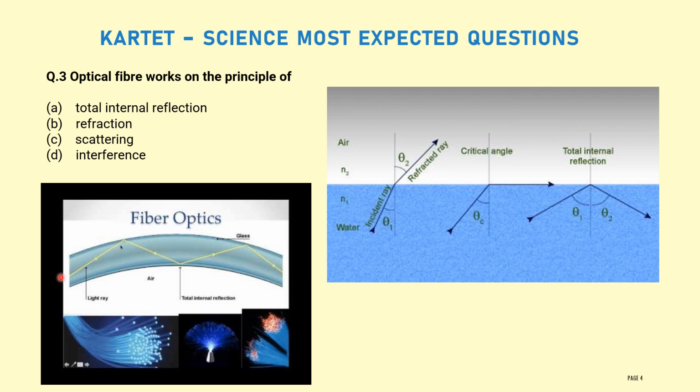When light rays enter at one end of the optic fiber, you can see reflection of light taking place at each and every point, because at each point the angle of incidence is more than the critical angle. Therefore, instead of refraction it gets reflected within the optic fiber. Therefore, optic fiber works on the principle of total internal reflection.